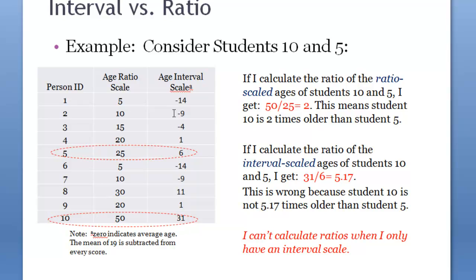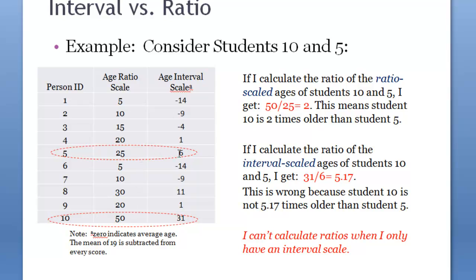When you use the interval scale, you obviously can't use ratio. Ratio is not going to be valid. For example, this person is 50 years old and this person is 25 years old, so this person is 2 times older.